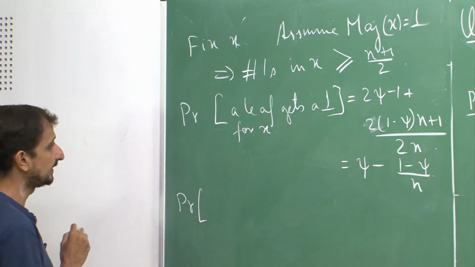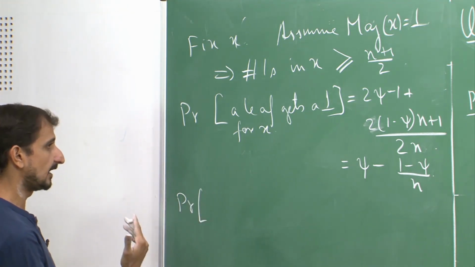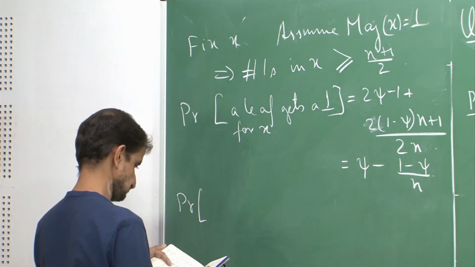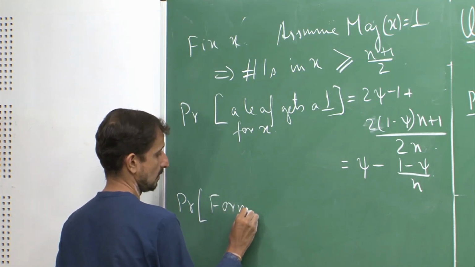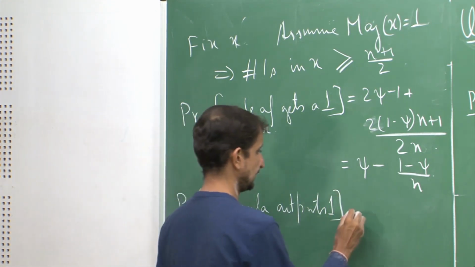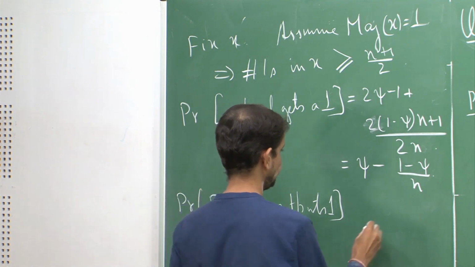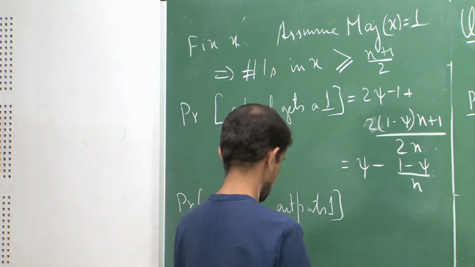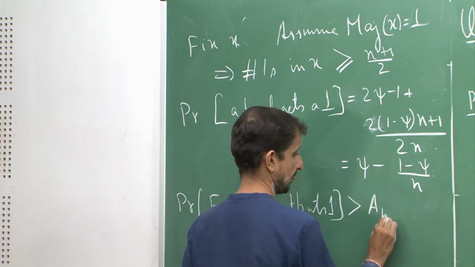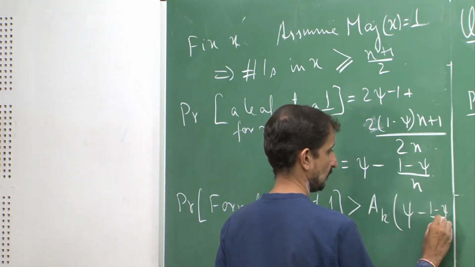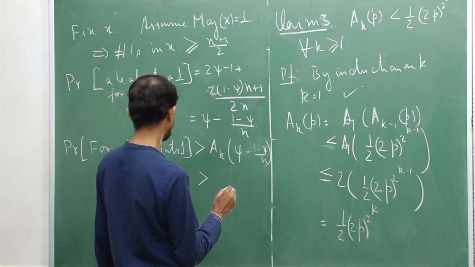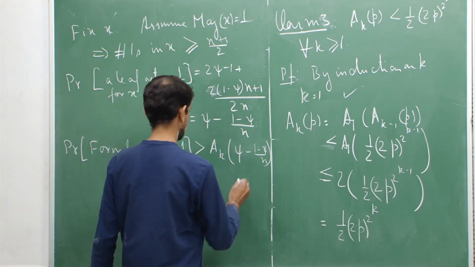So, now if this is the value of a leaf, the probability that the formula outputs a 1 is greater than a k of psi minus 1 minus psi over n, which is greater than this quantity, right.